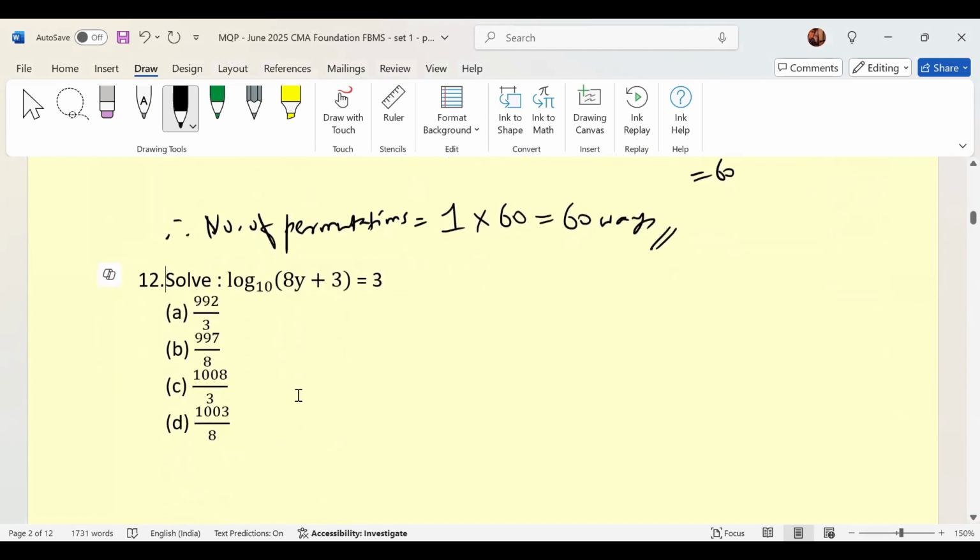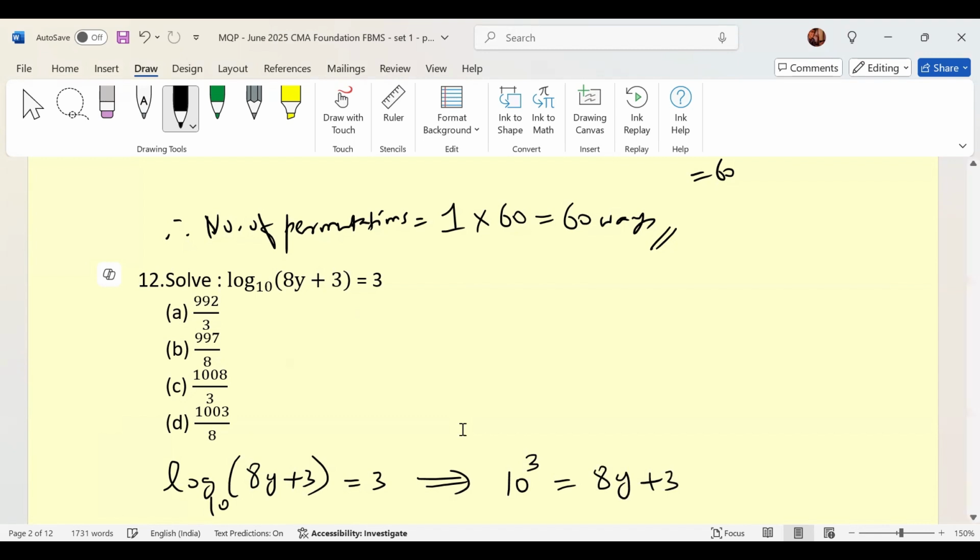Solve logarithm of 8y plus 3 to the base 10 equal to 3. So we can express the logarithmic expression in the form of an exponential expression. This can be written as 10, which is the base, to the power of 3 is nothing but 8y plus 3.